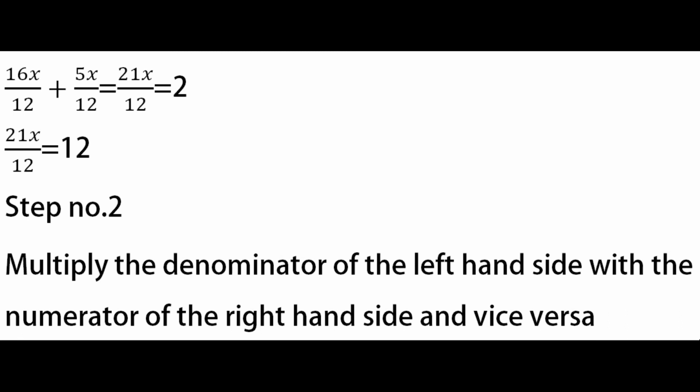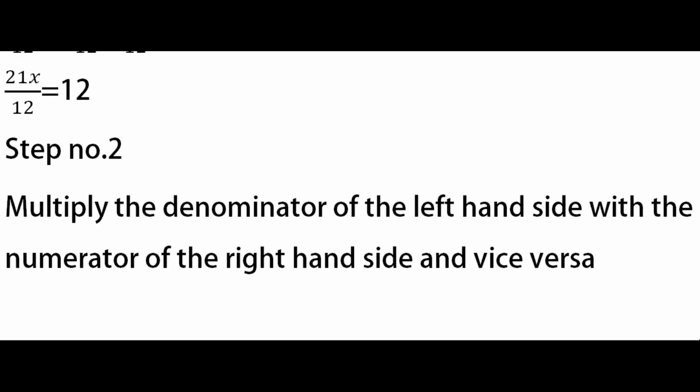So here on the left hand side we have the numerator 21x, which is to be multiplied with the denominator of the right hand side. Now on the right hand side, since there is no denominator, we have already assumed it to be 1. You will always do that. So 21x into 1 is equal to 21x, and this is equal to, now the denominator I have 12 on the left hand side, and the numerator on the right hand side is also 12.